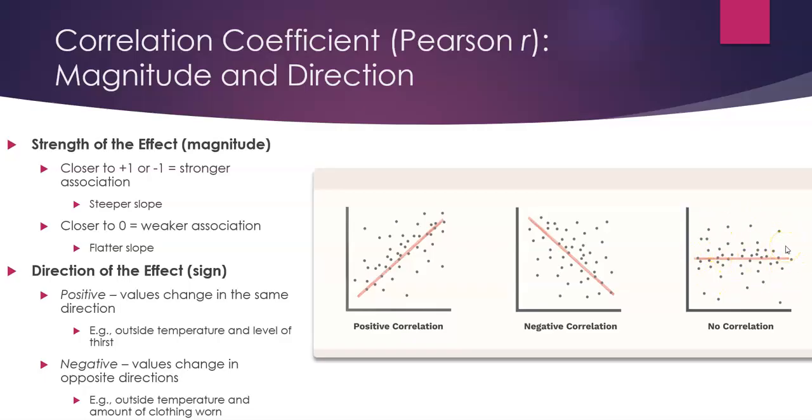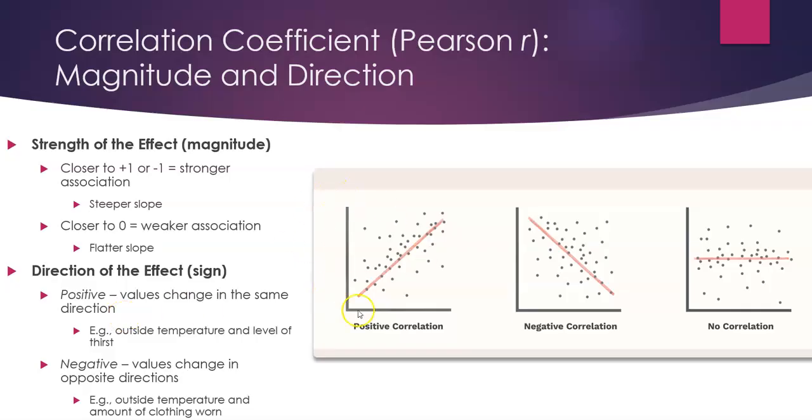So a correlation coefficient of 0 basically indicates that two variables are completely unrelated to one another. And that kind of makes sense. If you look at these two graphs here, it looks kind of like buckshot in that no correlation, right? It's just all over the place. There's no pattern to the data.